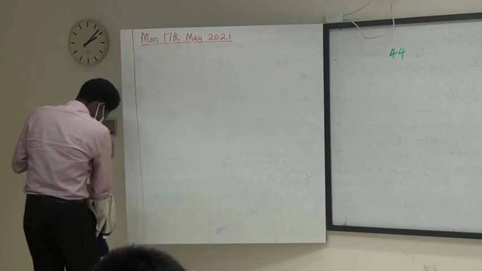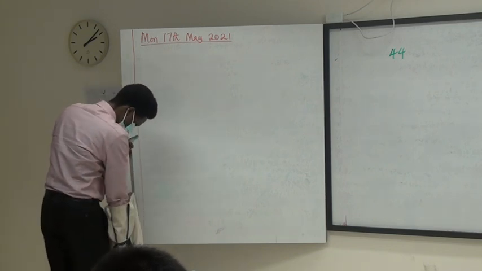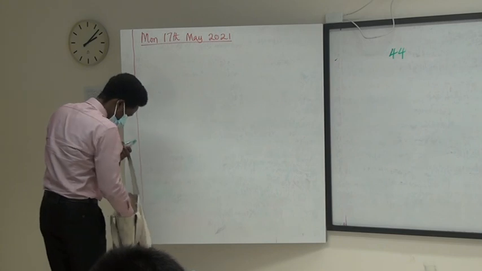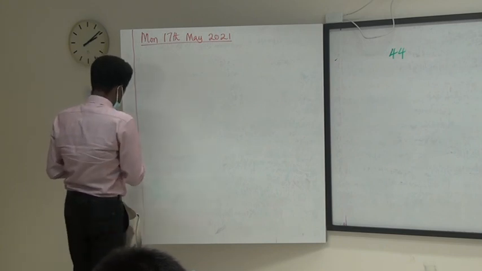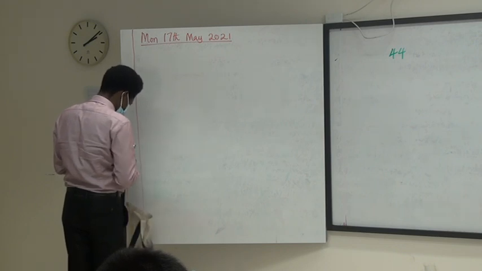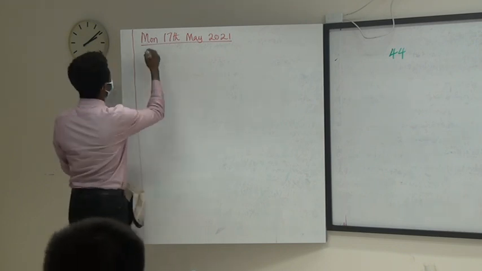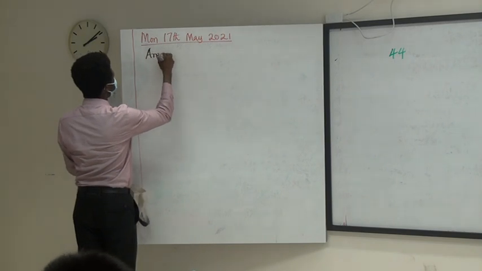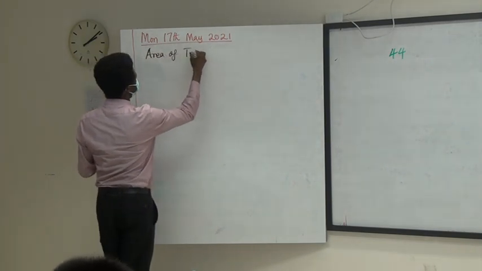Okay, let's look at area of triangle by trig and by a method called Hero's formula. Area of triangle.